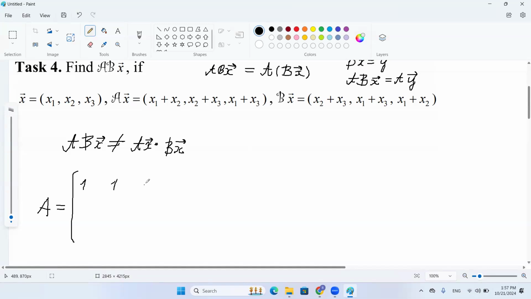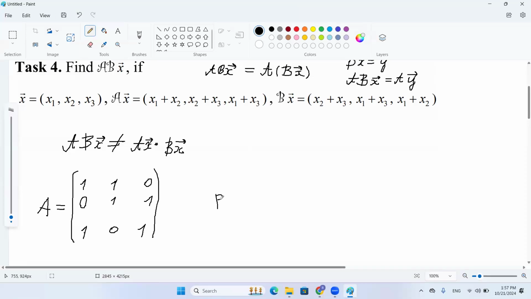So 1, 1, and 0. But yeah, you were right. So here 0, 1, 1. And here, 1, 0, 1. So this is the matrix for operator A.